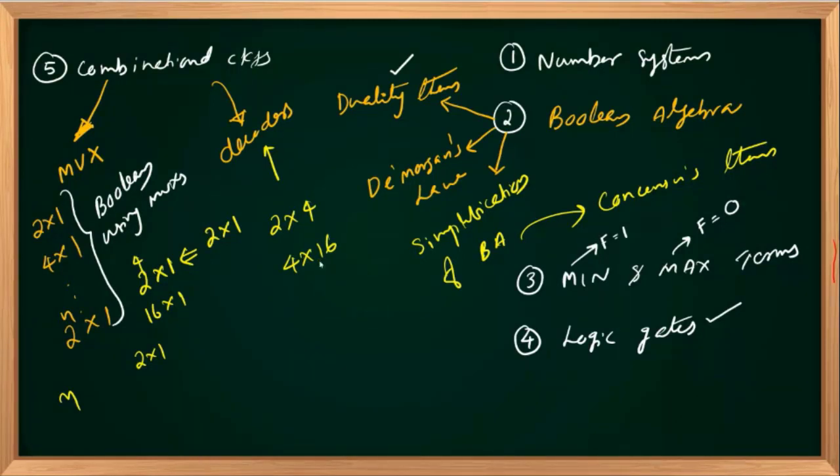Right. Also, we'll try to implement Boolean functions using decoders only. Right. How to implement a given Boolean function using decoders. Or the other way, how to implement different min terms using given decoders.